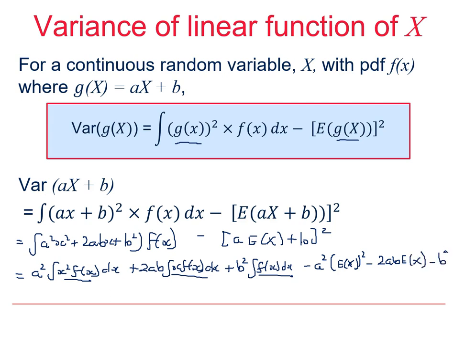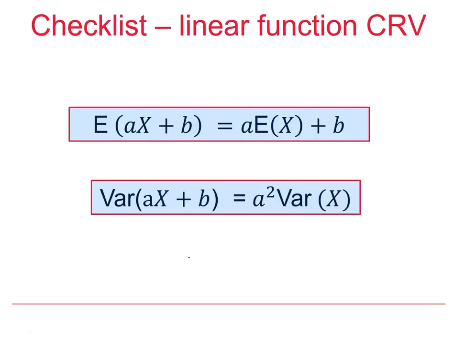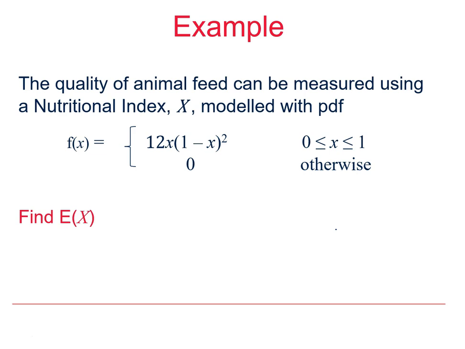And just as before, you'll find these terms cancel, and we are simply left with a squared multiplied by the variance of x. So do spend a moment and check that you can actually obtain that result, which is exactly the same as the result we had when we looked at discrete random variables.